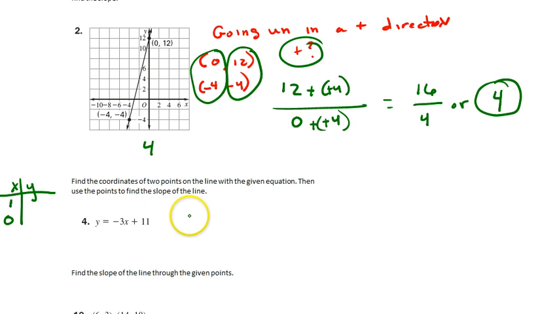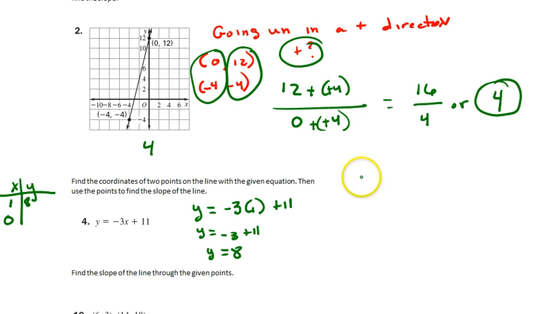So the first time I'm going to use 1. So y equals negative 3 times 1 plus 11. That gives me y equals negative 3 plus 11, or y equals 8. So one of my points is 1, 8.